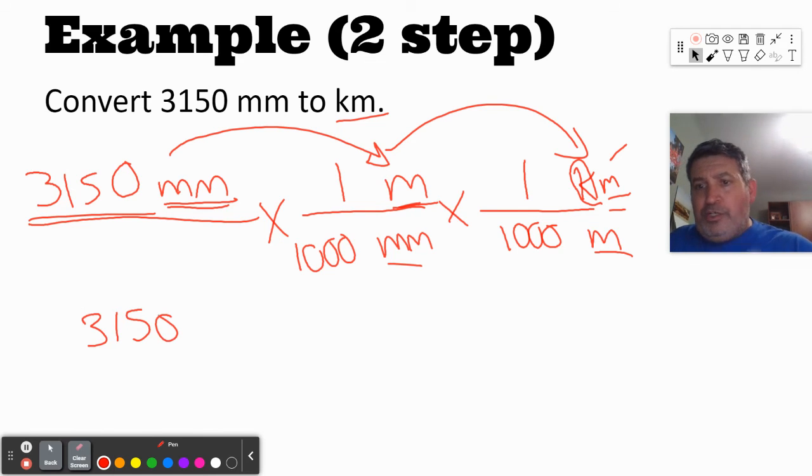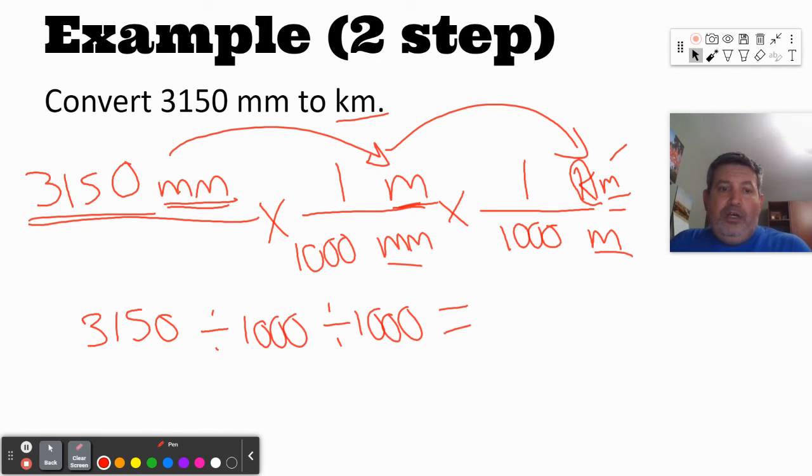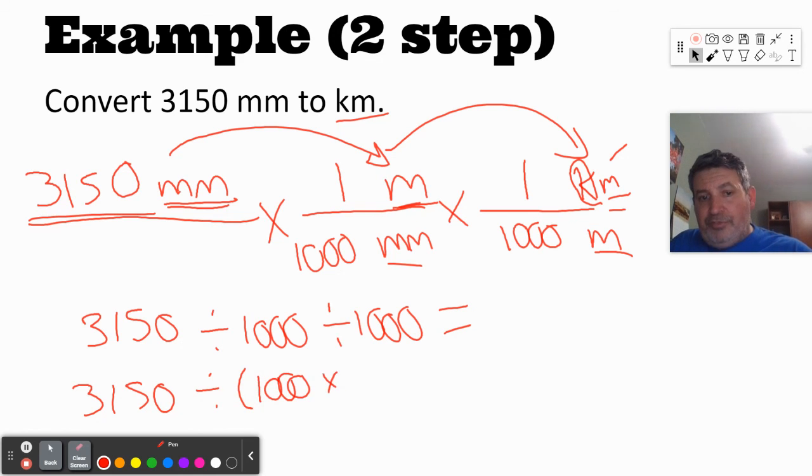It's times 1 times 1. Don't waste your life. Then I start dividing. So one way is to divide by 1,000, then divide by 1,000 again. The other way is to go 3,150 in the calculator, hit divide, put a parentheses, 1,000 times 1,000.